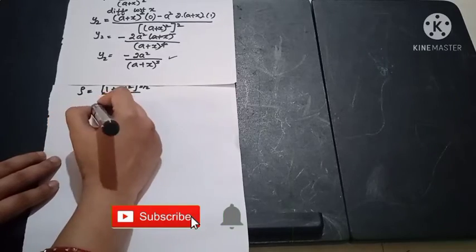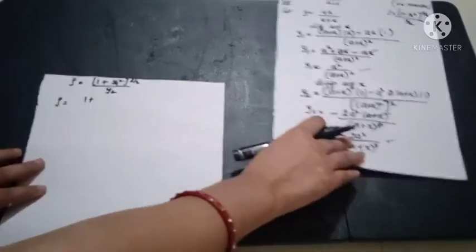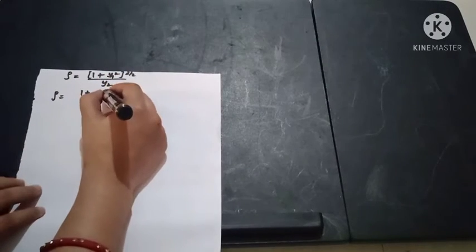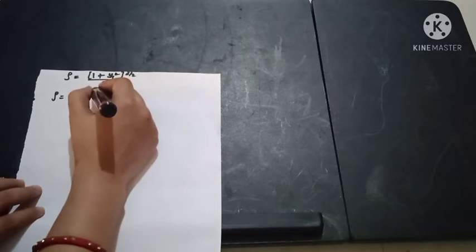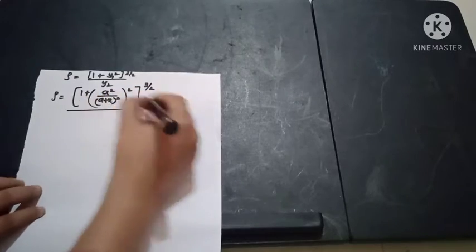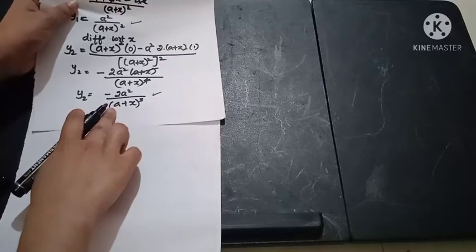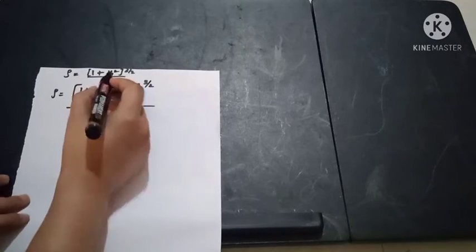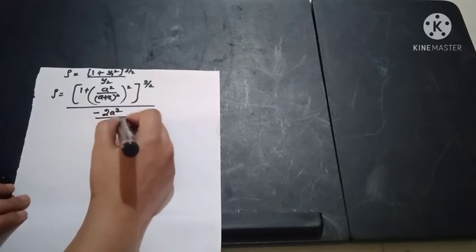So radius of curvature is 1 plus, what is y1? y1 here is a square upon a plus x whole square, to the power of 3 by 2 upon y2. The value of y2 is minus 2a square upon a plus x whole cube, so we'll write y2 as minus 2a square upon a plus x whole to the power of 3.